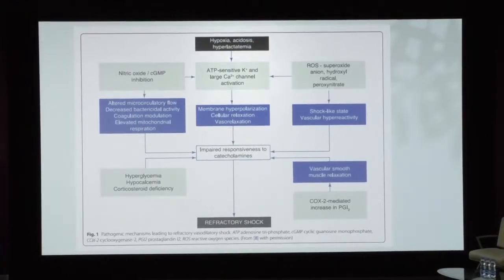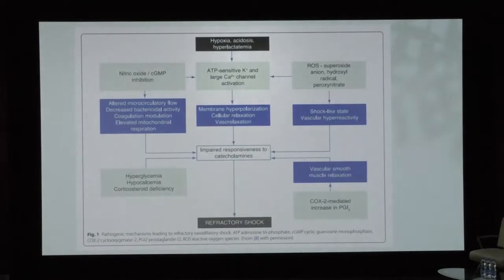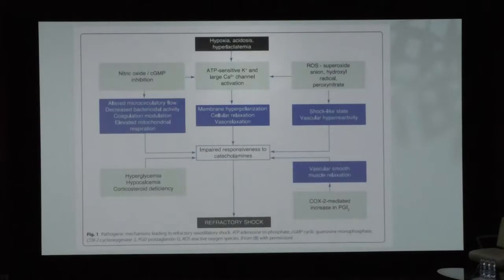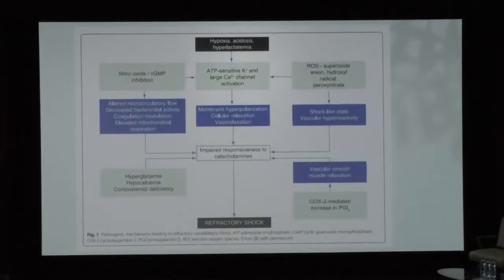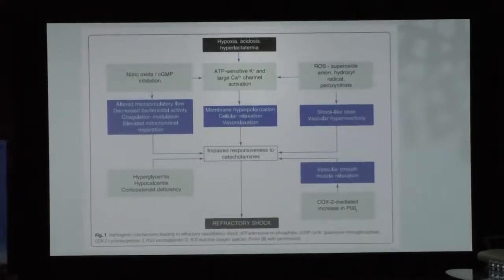The first ones can lead to altered microcirculatory flow or vascular hyperreactivity, and the third is vascular smooth muscle relaxation or other metabolic parameters: hyperglycemia, hypocalcemia, or corticosteroid deficiency. All of this leads to impaired responsiveness to catecholamines and refractory shock.